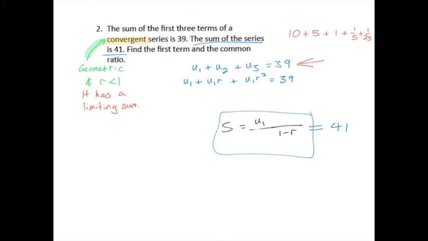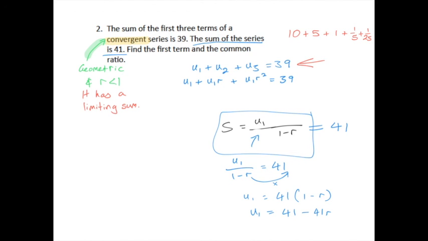I don't feel like I can do a lot with that yet. Let's consider the other equation, this one here. Write this out again: u1 over 1 minus r is 41. Not loving a fraction. How could I maybe work out u1 in terms of r from that? Beautiful, bring that over and times. u1 equals 41 times 1 minus r. So u1 is 41 minus 41r.